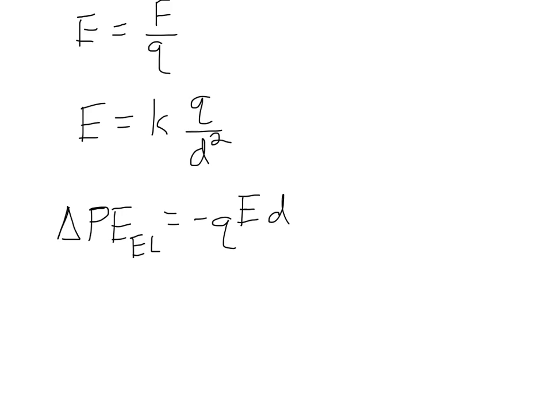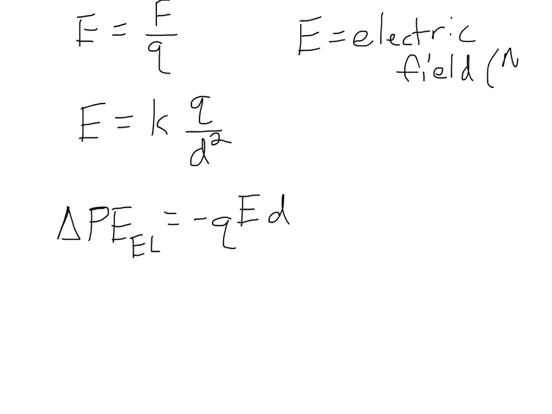So let's define what all the variables mean. E, the electric field, is measured in newtons per coulomb.